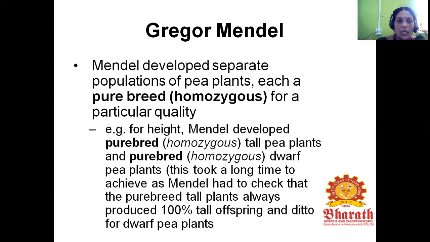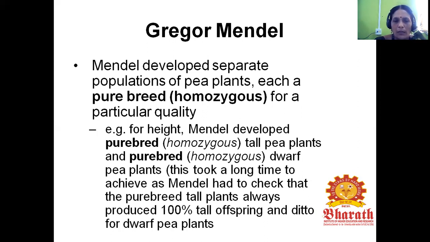So Mendel developed separate populations of pea plants, each a pure breed, nothing but homozygous for a particular quality. For example, for height, Mendel developed pure breed homozygous tall pea plants and pure breed homozygous dwarf pea plants.